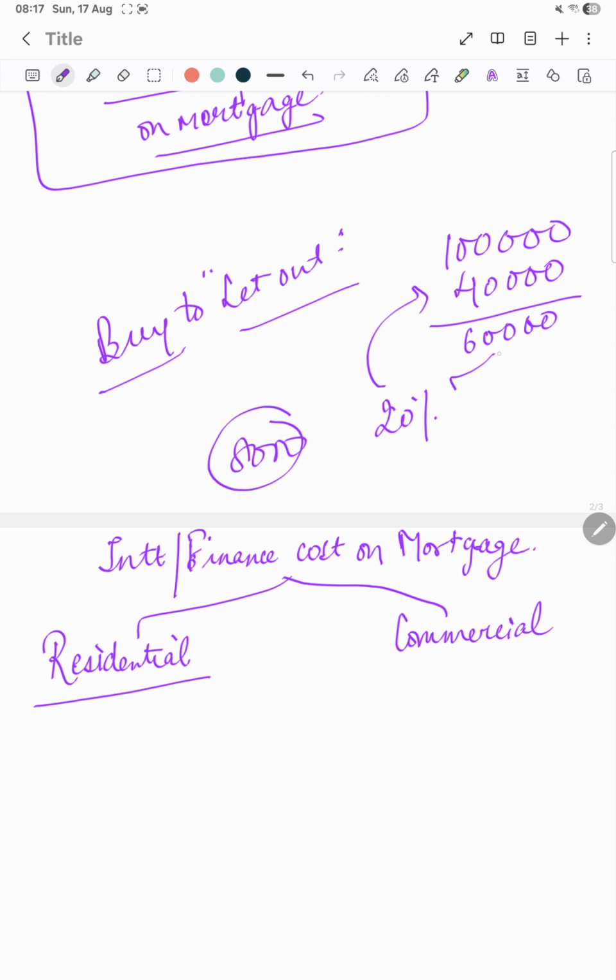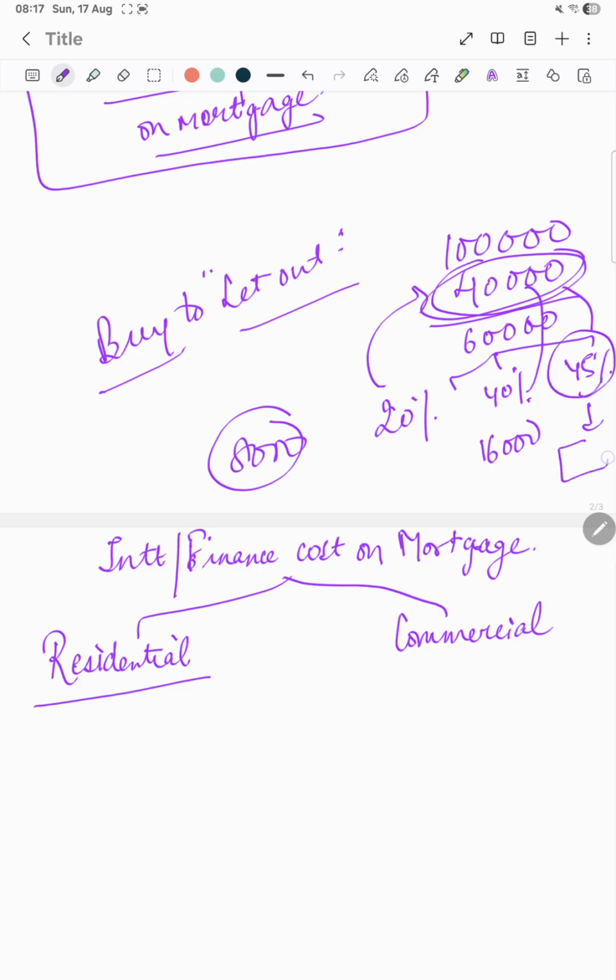But the higher rate and additional rate taxpayers get 40% and 45%. On the same 40,000, somebody is getting a benefit of 16,000, somebody is getting a benefit of 45%. So for the same interest on mortgage, the benefit was different for all these persons.